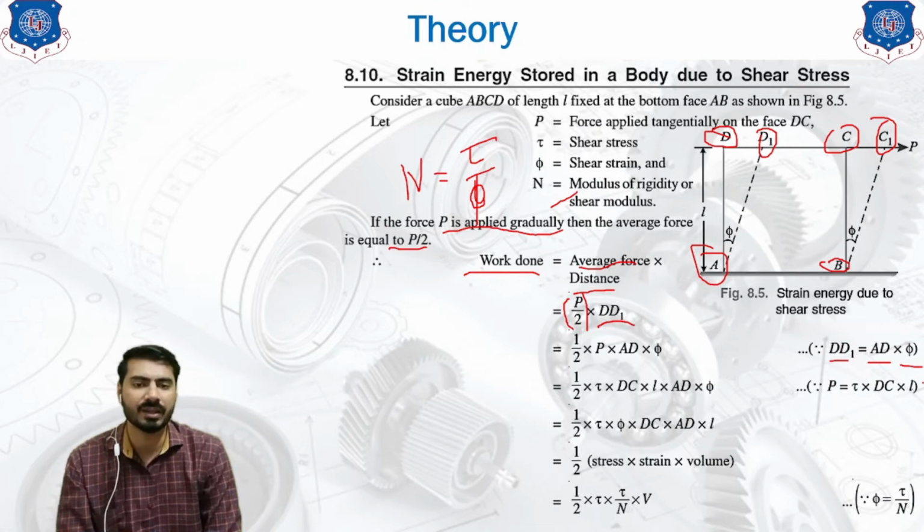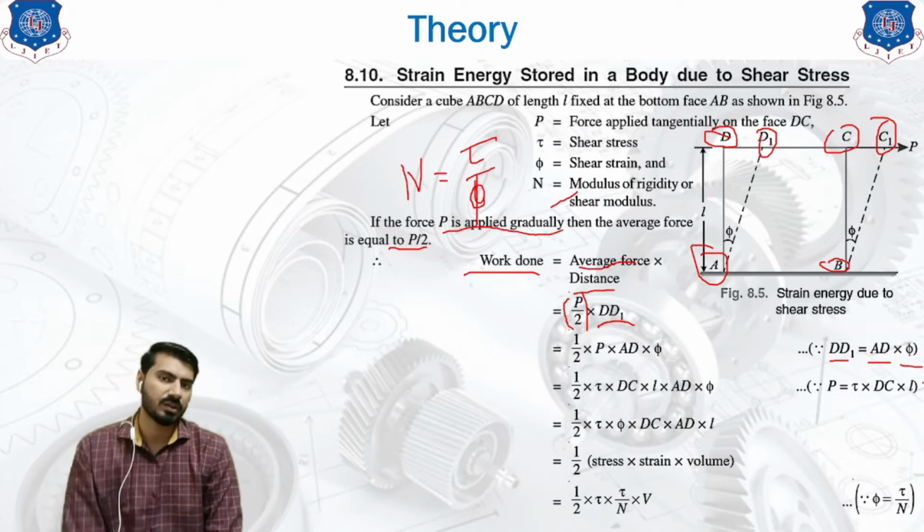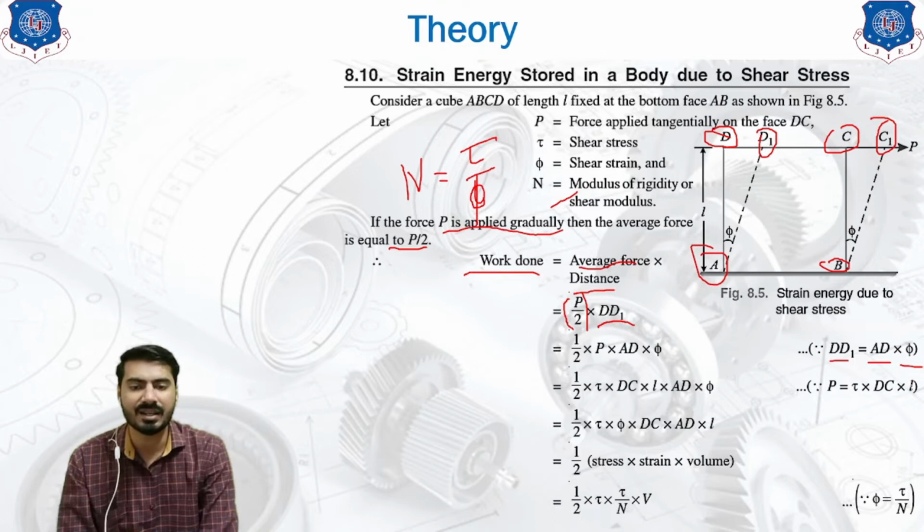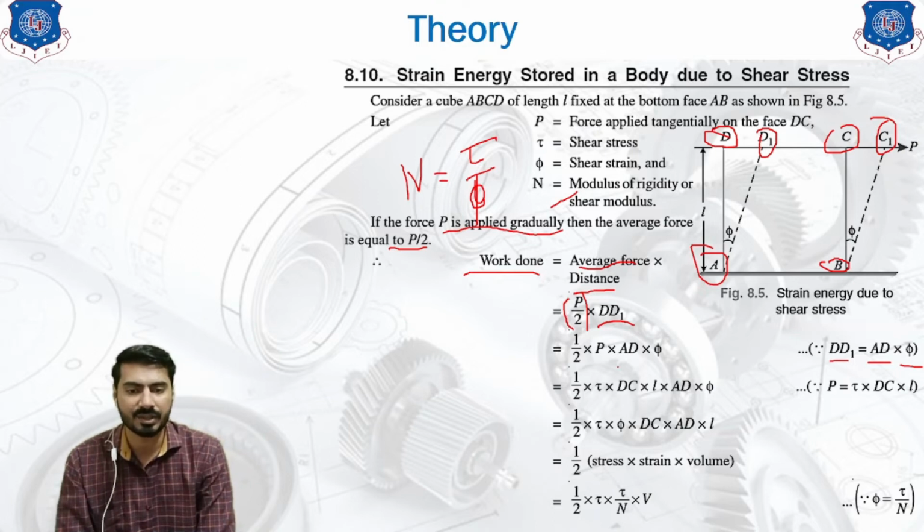So DD1 can be calculated as AD into tan phi. But the angle is very small, so tan phi can be written as phi. That is why we write AD into phi instead of DD1. This is very basic geometry and trigonometry, using which we further calculate that instead of P, we can write stress into area.